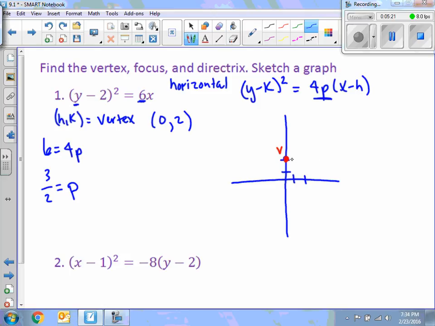So 3/2 units away would be 1.5 units away here. This is my focus. My focus will have the ordered pair, in this case, (3/2, 2).